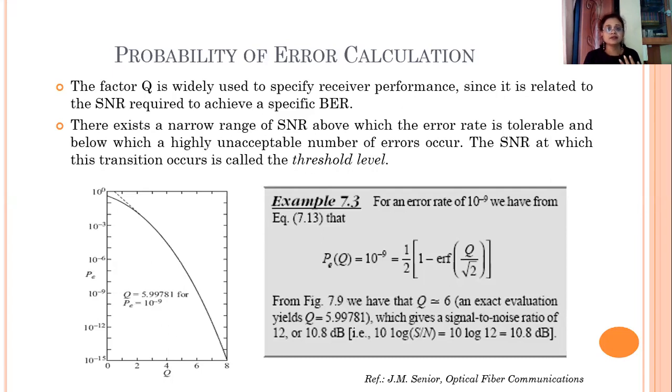Then we learned the entire optical receiver operation, its types and the types of noises present in it, and how these noises' effect can be considered into one performance parameter, that is the signal to noise ratio or the bit error rate, and what is the bit error rate which is set to 10 raised to minus 9, and what care you should take in designing the optical receiver so that this bit error rate shouldn't be less than 10 raised to minus 9.